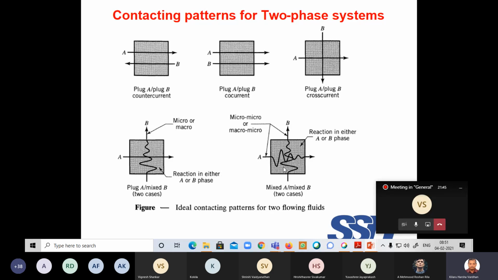Again, when you are taking a mixed expression, you have to know on which phase you are writing, whether you are trying to find the conversion of A or conversion of B. If you are finding the conversion of B and B is in mixed flow, therefore you have to take a mixed flow expression, taking micro or macro mixing into the picture.